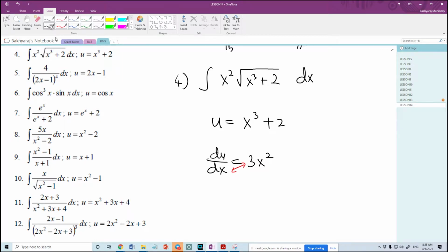Sorry, what we want is dx, right? So dx equal 1 over 3x square du.